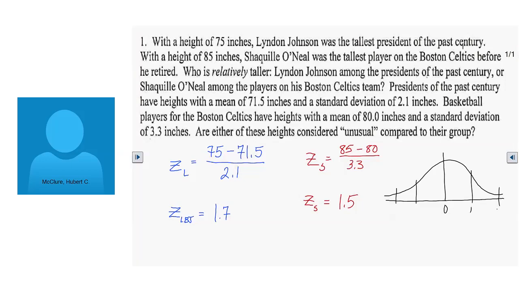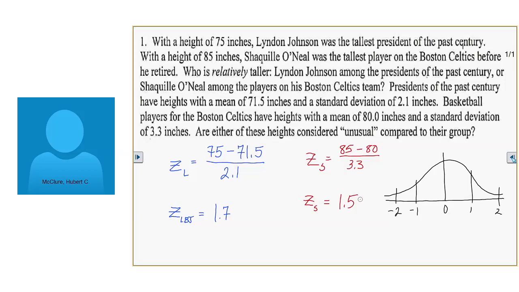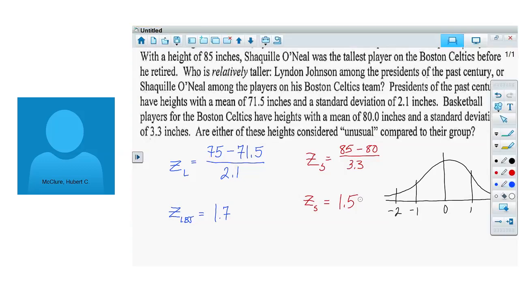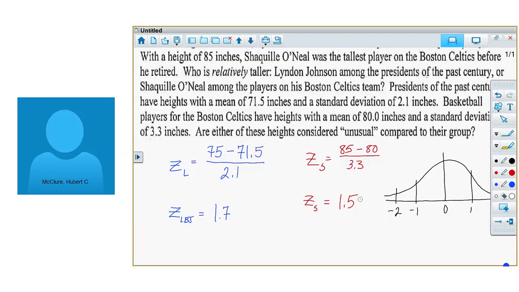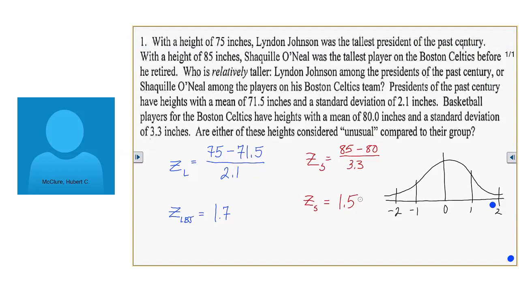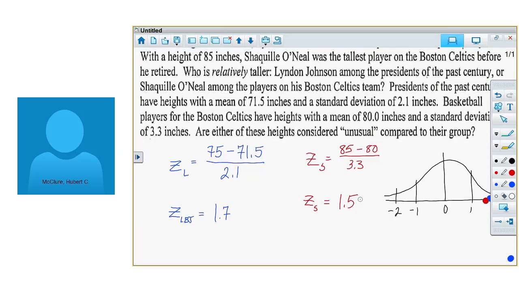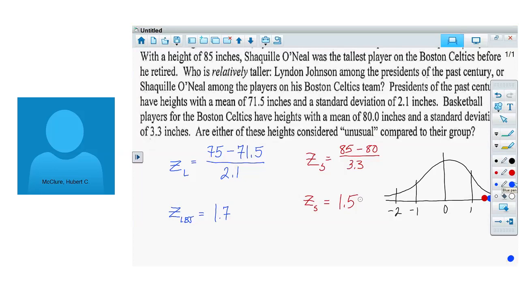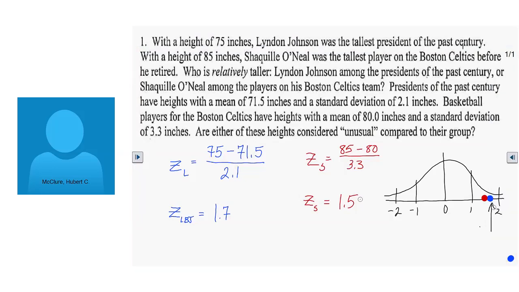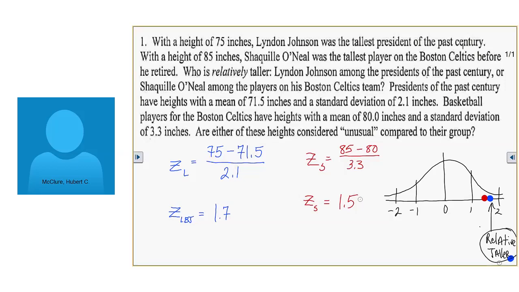So that's 1, 2, -1, -2. LBJ is blue. LBJ is at 1.7. So LBJ is right about there. Shaq is at 1.5. So who is relatively taller? LBJ is relatively taller because he's more toward the unusual.